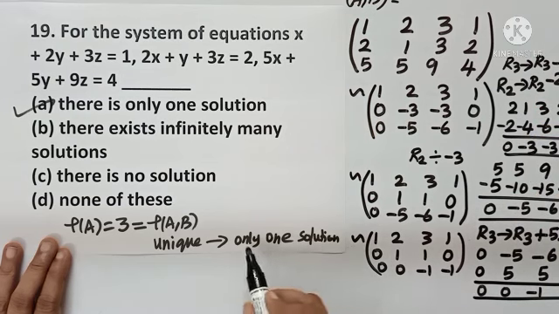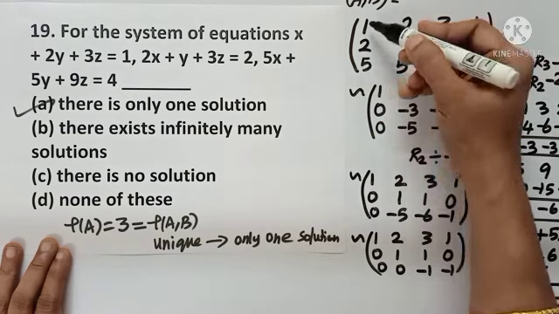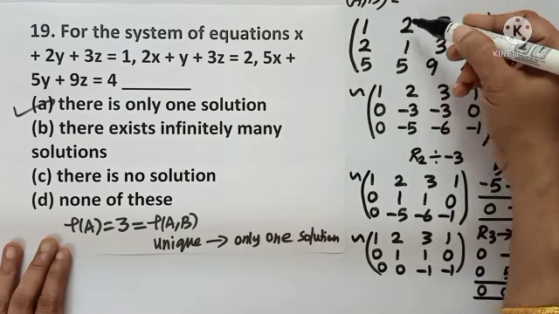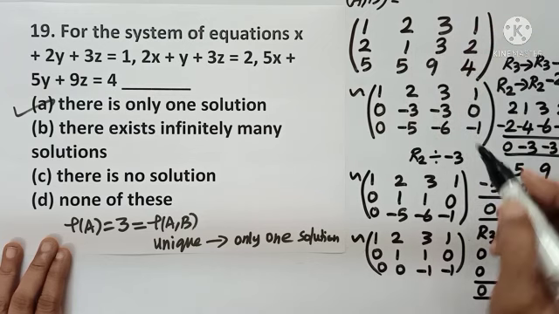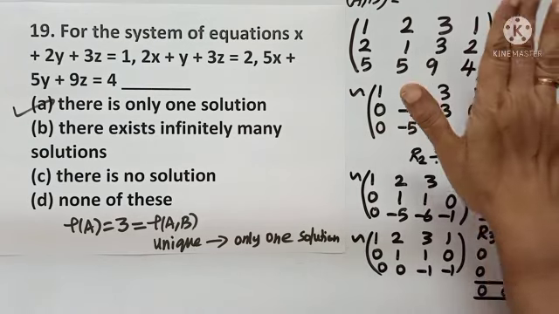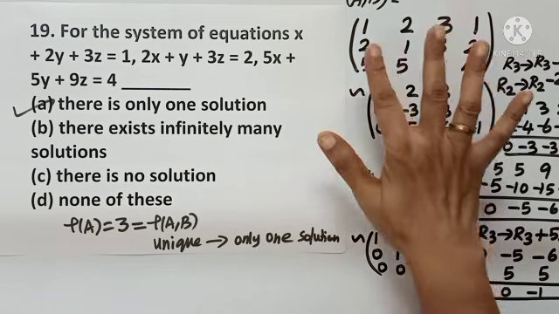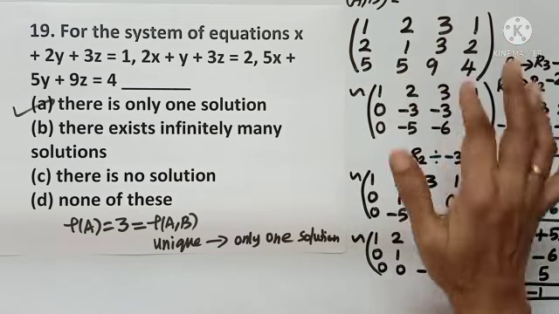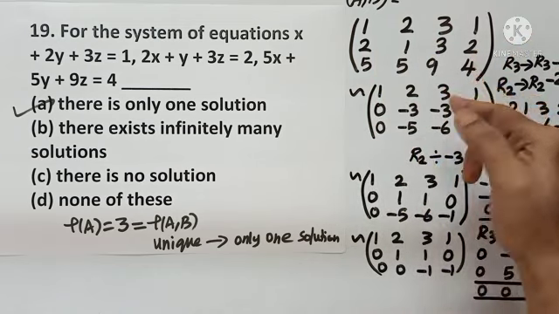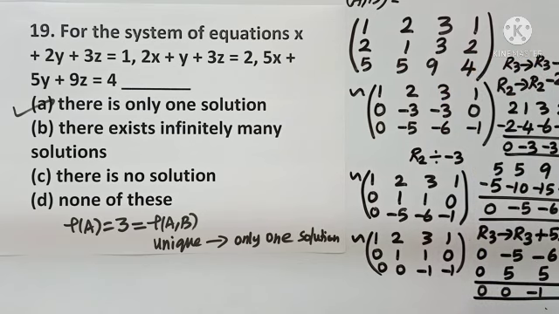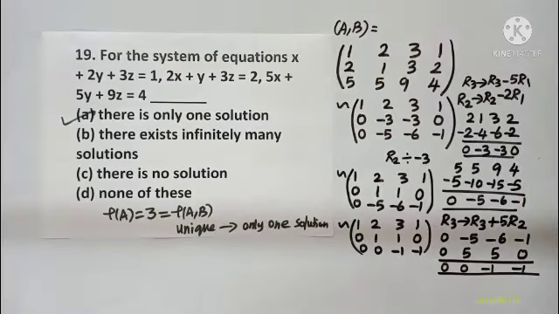Another way for only one solution: find the determinant of the x, y and z coefficients alone. Ignore this column. If my answer is not 0, I can immediately declare there is only one solution. It's an alternate trial which you can try yourself.